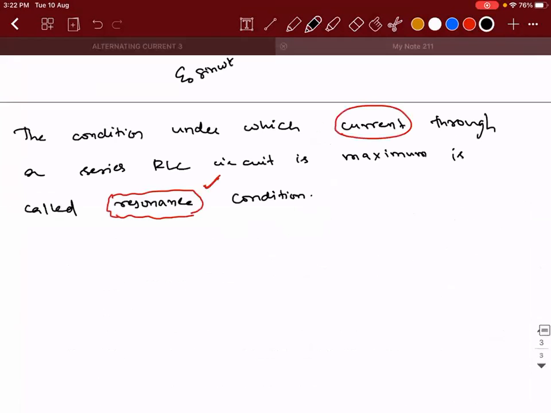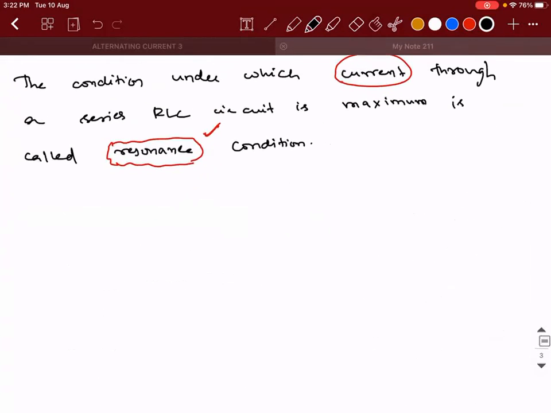Okay. Now we are going to derive the mathematical condition for resonant frequency. So note it down. Note, during the resonance condition, the value of XL will be equal to XC. Why is this happening? This is very simple.